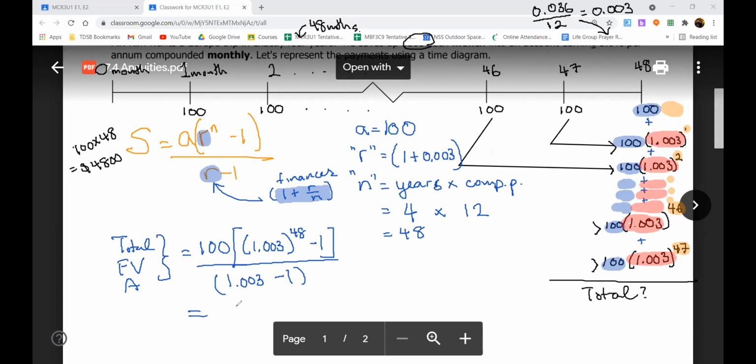What is my total? Everyone should have a calculator and be working through this. I'm going to give you about 30 seconds.